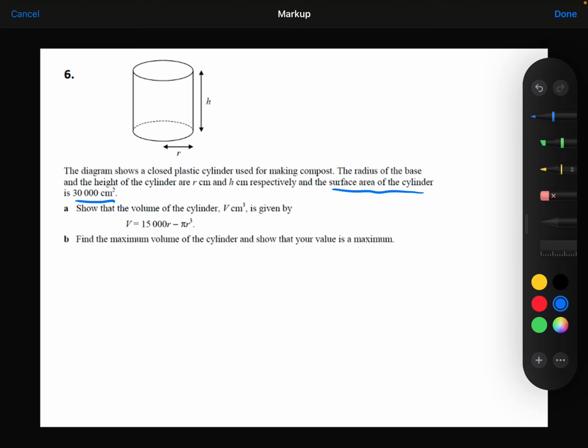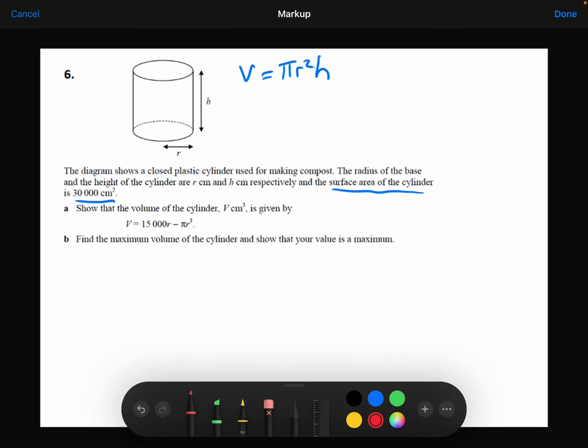So the volume of a cylinder, I know that is the area of the circle times the height. I'm told about the surface area. So the surface area is the area of the two circles, the circle on the bottom and the circle on the top. So 2 times pi r squared plus the area of the rectangle that wraps around them.